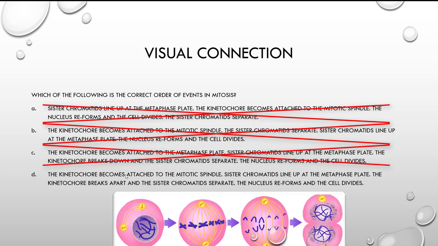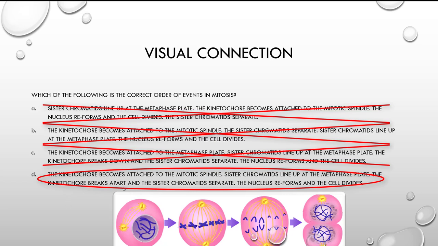The kinetochore becomes attached to the mitotic spindle. The sister chromatids line up at the metaphase plate. The kinetochore breaks apart and the sister chromatids separate. And the nucleus reforms and the cell divides. Well, that one looks most promising.